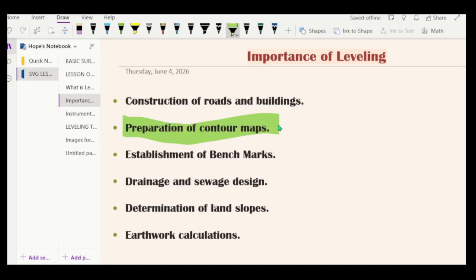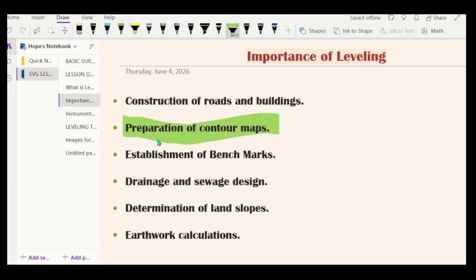So instead of using some structure, they use lines to design this particular map. Most of these lines have meaning, and they are called contour lines. It's a kind of map that represents structures by size and height using lines. So leveling helps us to prepare contour maps too.